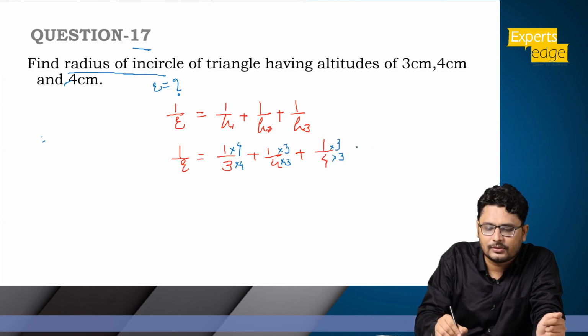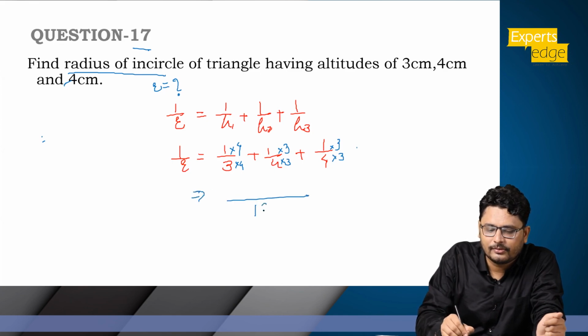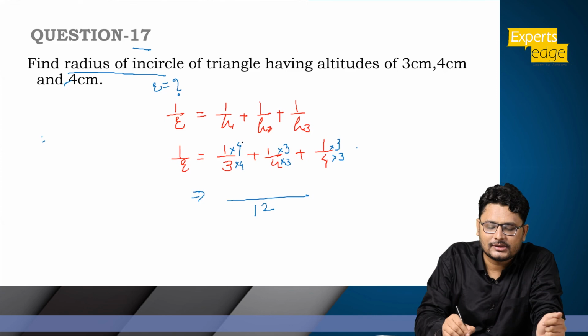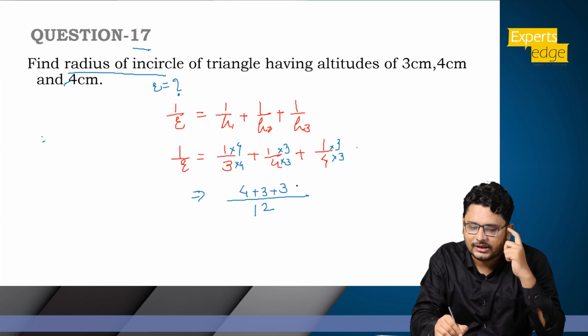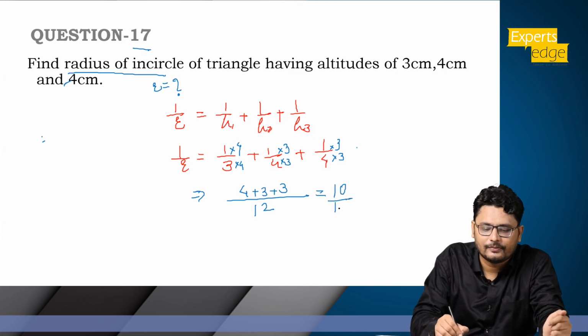So this will be nothing but क्या होगा डिनोमिनेटर में 12, 4 plus 3 plus 3, right? So that is nothing but 10 by 12, that is my 1 by r.